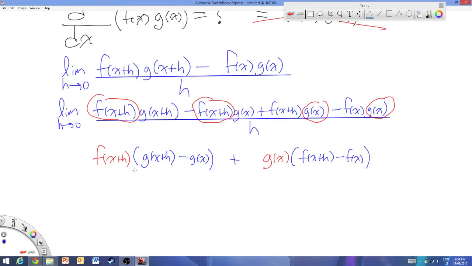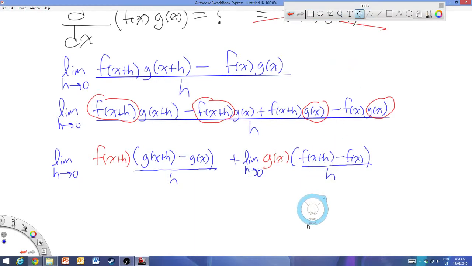Since this is an addition, I'm going to break this up into this, and I'm going to break this up into this. And again, remind ourselves this is actually a limit. Because this is a limit, I can break this up and put another limit here to remind ourselves that this part is also a limit.